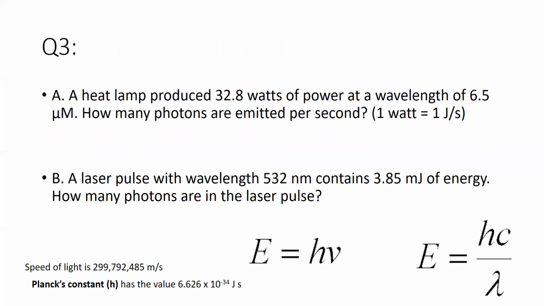So, question 3. We have a heat lamp producing 32.8 watts of power, and the wavelength of this light is 6.5 micrometers. How many photons do we emit per second if a watt has the units of 1 joule per second?